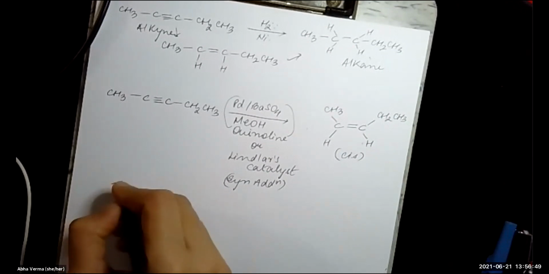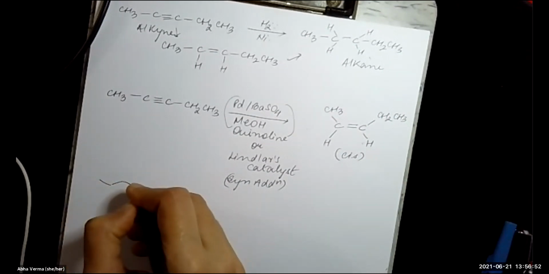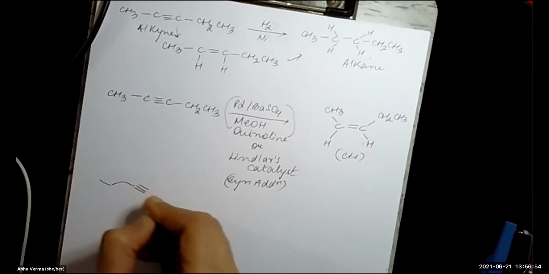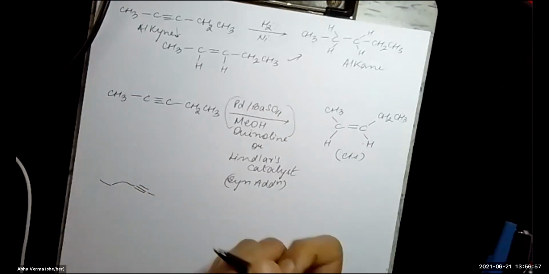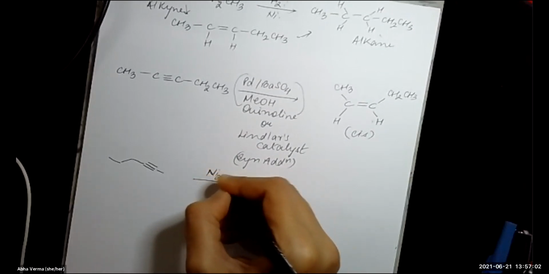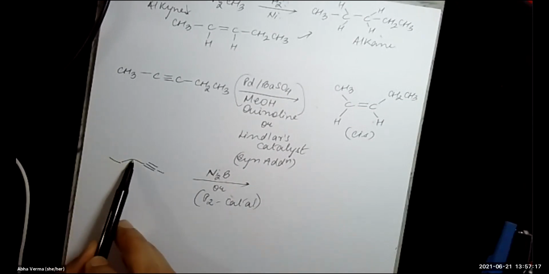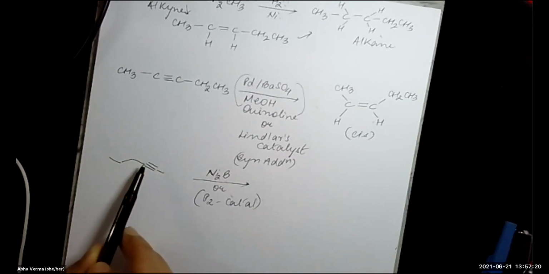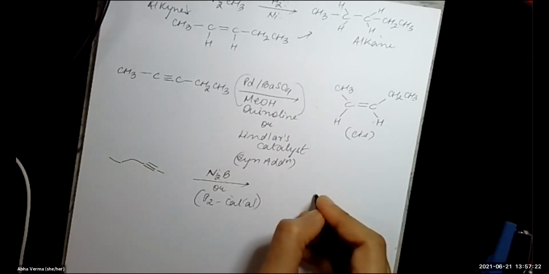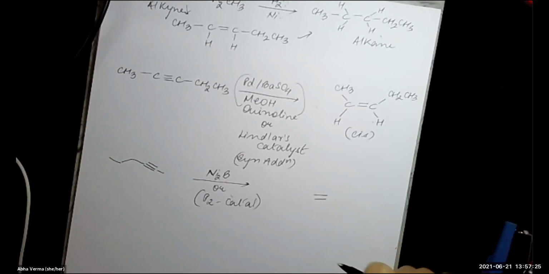Similarly, let's look at a structure like this. If I have a reagent like this, and I write nickel boride, or P2 catalyst. So I can give you either of those. What is the kind of product that I'm going to get? How many carbons are here? 1, 2, 3, 4, 5, 6. So between 4 and 5, I'm going to have my double bond.